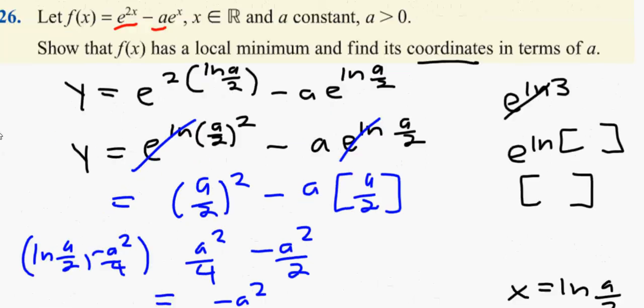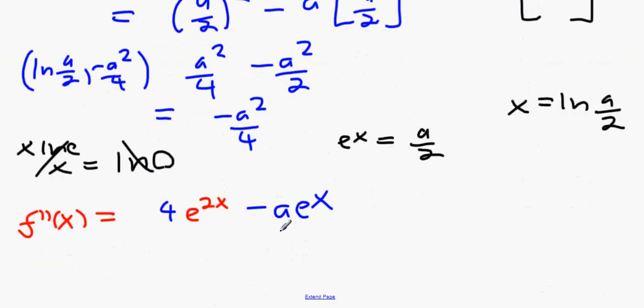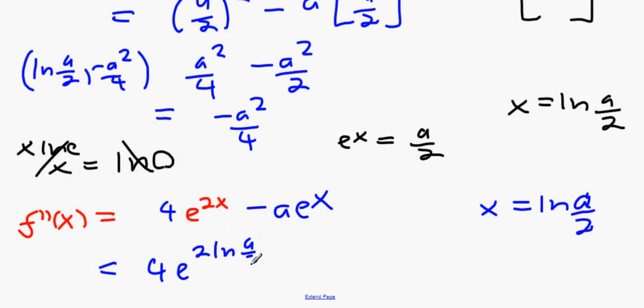Now, prove that it has a local maximum. So I have to prove that this here is a local maximum. There's the second derivative. We know that x equals ln a over 2. So what we can do here is we're going to get 4 e to the power of 2 ln a over 2 minus a e to the ln a over 2.